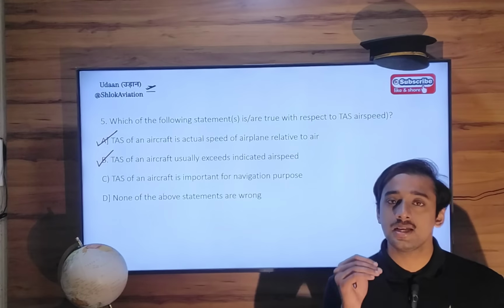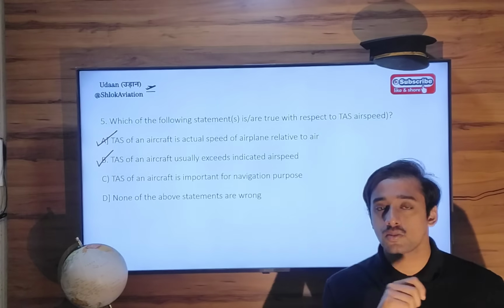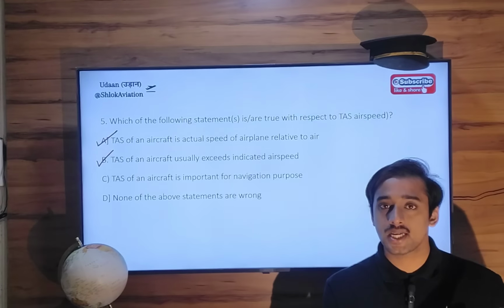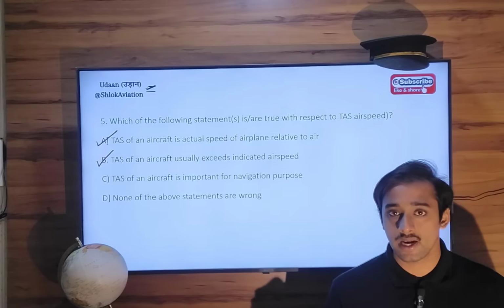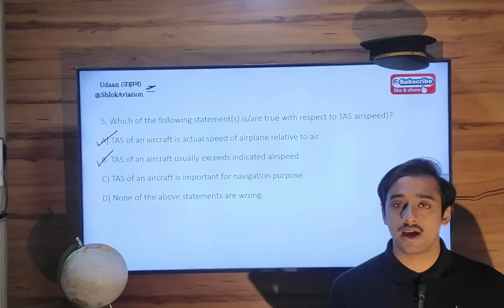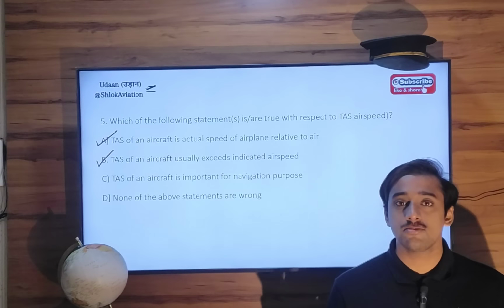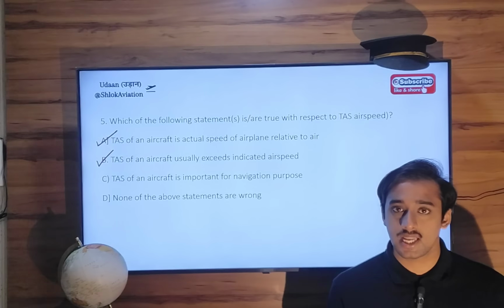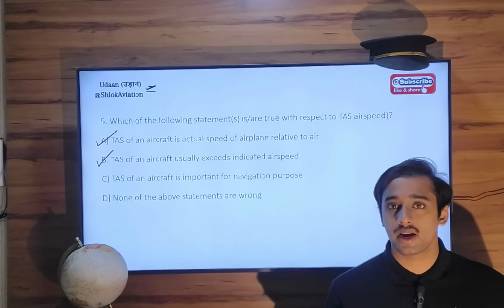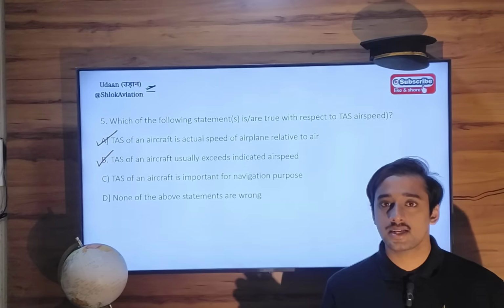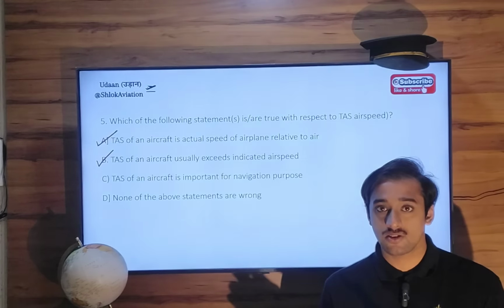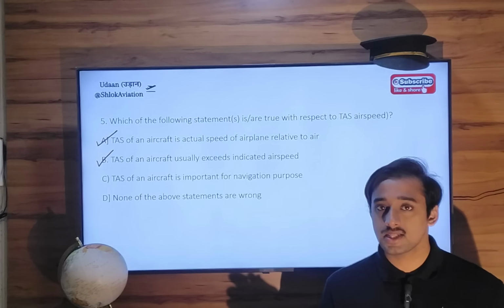So automatically the speed value indicated by the instrument will decrease. 100 knots indicated airspeed will be equivalent to about 45 knots at 10,000 feet altitude, while you are still flying at the same true airspeed. So what has changed? The value of indicated airspeed has become 45 at 10,000 feet from 100 at mean sea level.